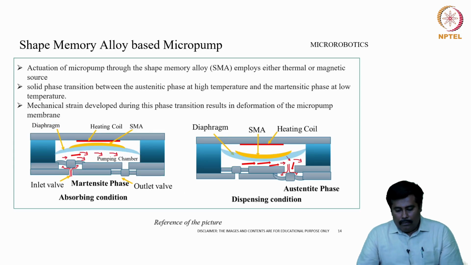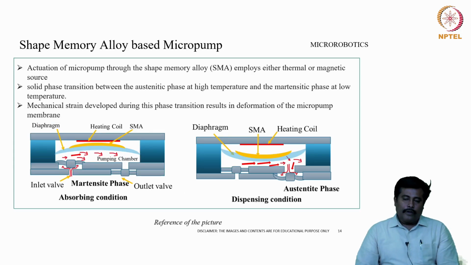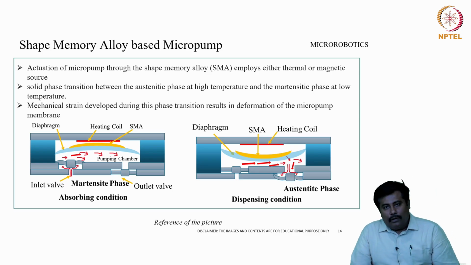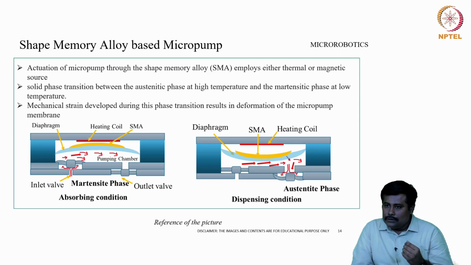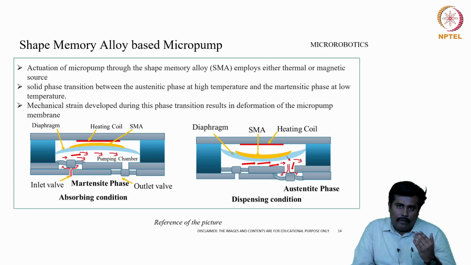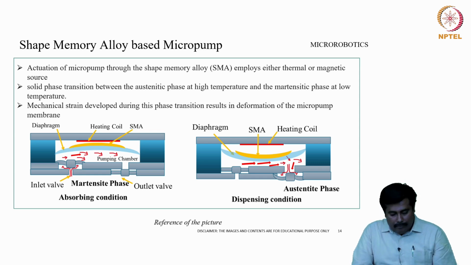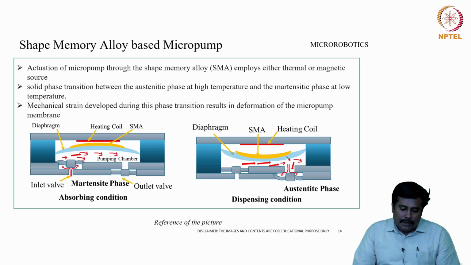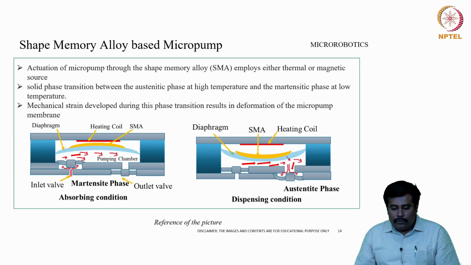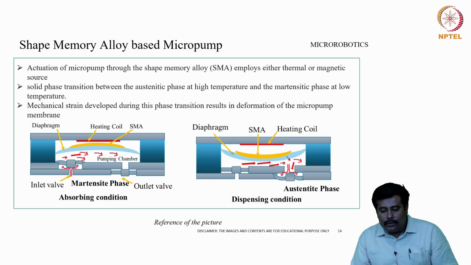Okay. Now, let us talk about the shape memory alloy. As far as shape memory alloys are concerned, we already had several discussions on them, either in the form of a bulk phase or in the form of a thin film base. The actuation of this micropump through a shape memory alloy is either through thermal means or sometimes through a magnetic force.